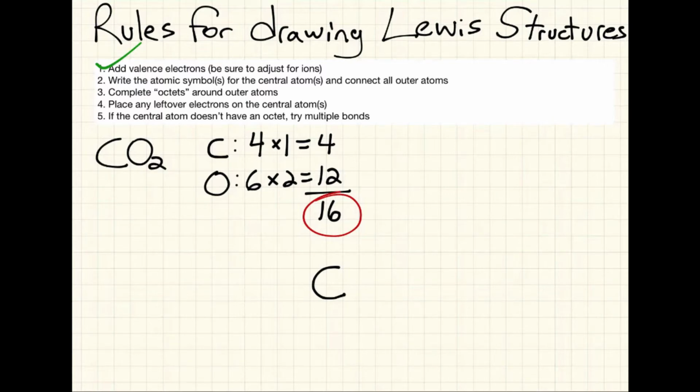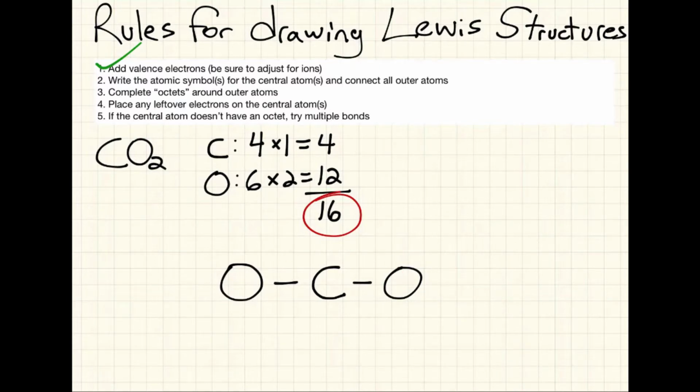Now, rule number 2 says write the symbols for the central atom and then connect all of the outer atoms. So I'm just going to write my other oxygens on either side of my carbon atom here. At this point, there is no specific reason why I would have written them on either side of the carbon atom.